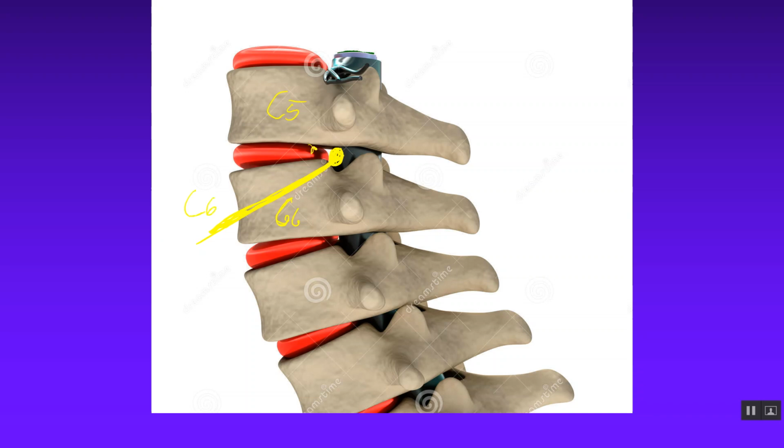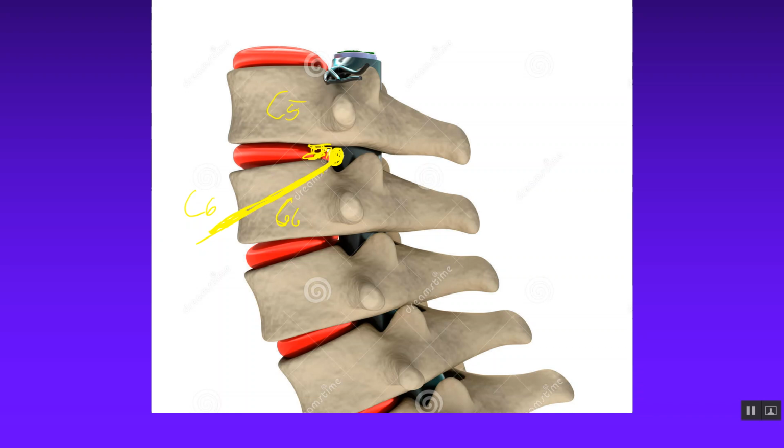If you have a disc bulging between C5 and C6, it's going to impact the C6 nerve root. So if you get an MRI report that says a C5-C6 disc herniation or bulge, you're going to expect, most of the time, C6 nerve root irritation. In the cervical spine, if it says between two vertebral levels, C5 and C6, the nerve root is going to be associated with the lower vertebra in that sequence. Does that make sense?